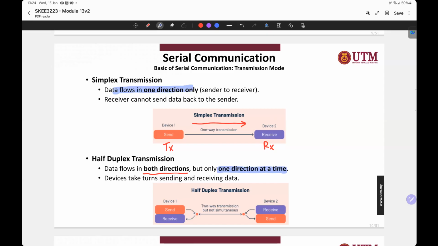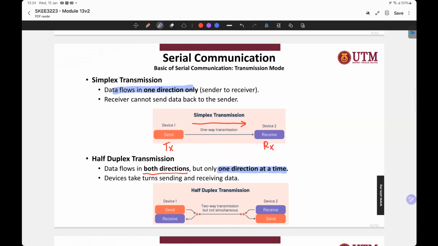He cannot talk back to you at the same time. Once you finish talking, then he can reply and speak back to you while you are listening.